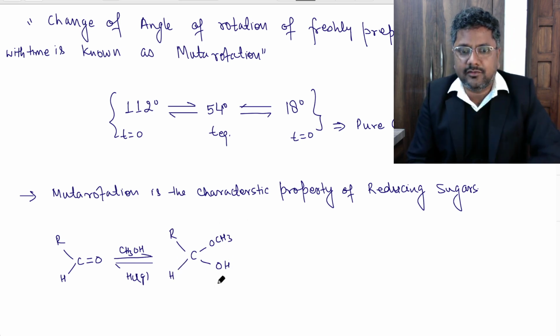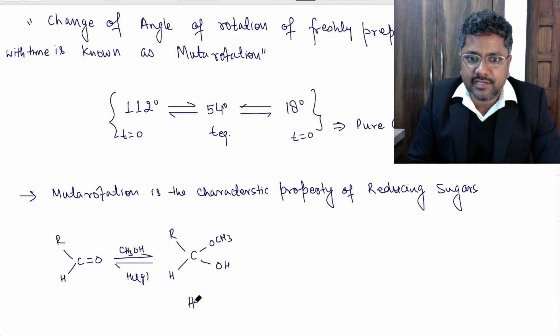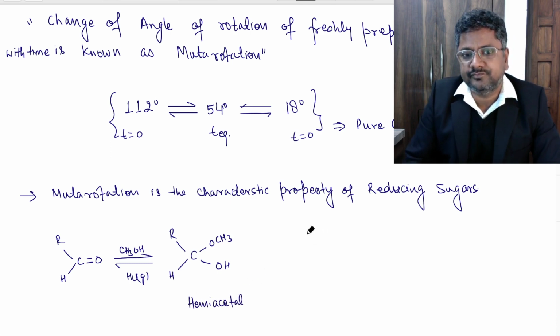All of you are well aware of this reaction, so I am not going to spend much time here, and further it will require 1 more mole of methyl alcohol so that it is converted into an acetal.